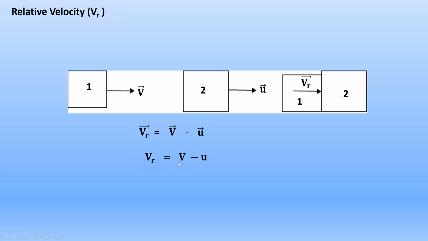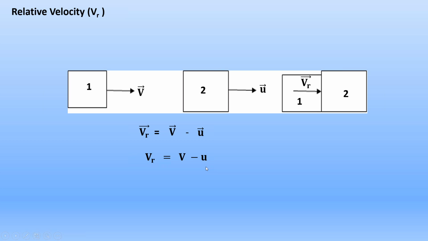Similarly, u is the magnitude of the absolute velocity u bar. So the vector subtraction equation, vr bar equals v bar minus u bar, is simplified if all the velocities are in the same direction, as vr equals v minus u.